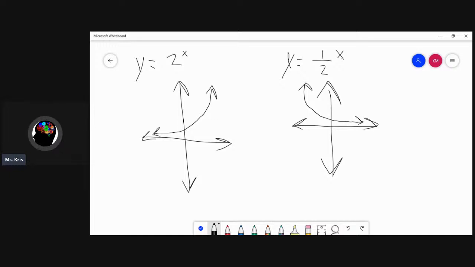A decay lies between 0 and 1. So it's a fraction. That means it's 1/2, 3/4, 7/8, 11/19. Those are decays. Once it gets past the number 1, which is greater than 1, it is a growth.